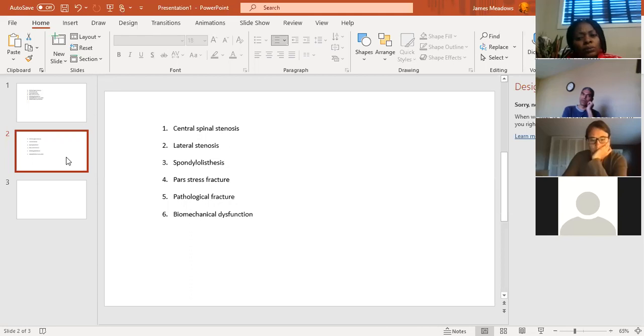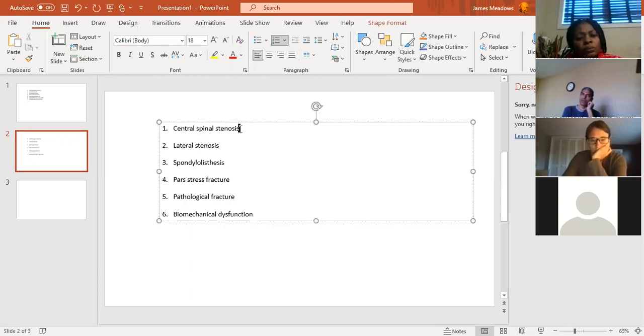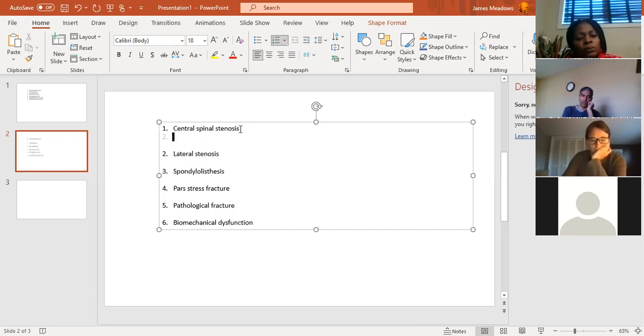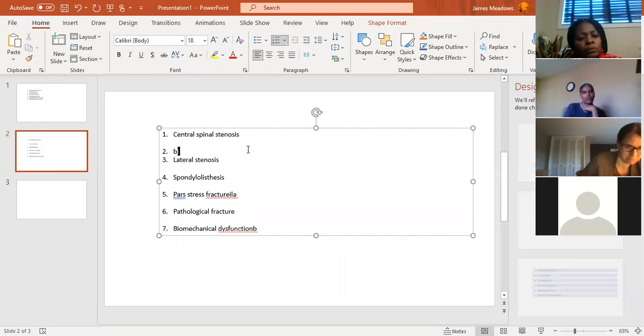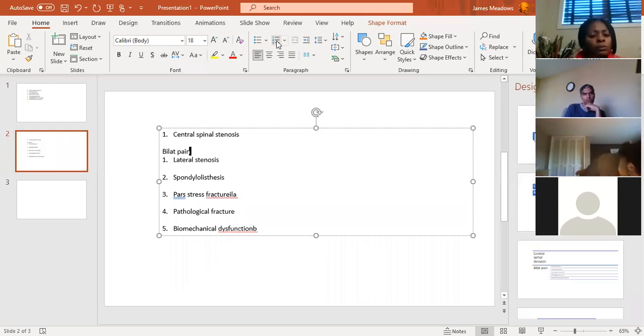So if we had to pick from this for central stenosis, first off, it's got to be bilateral, hasn't it? Yeah. So we're looking at bilateral pain. Okay, what else?